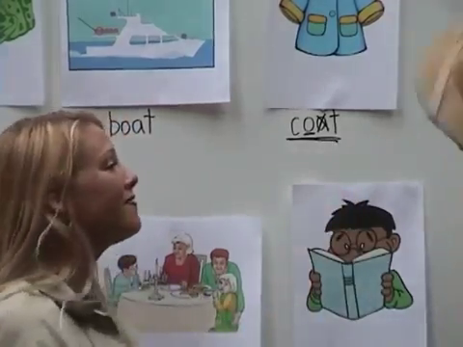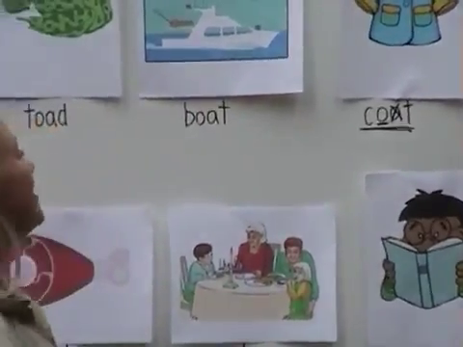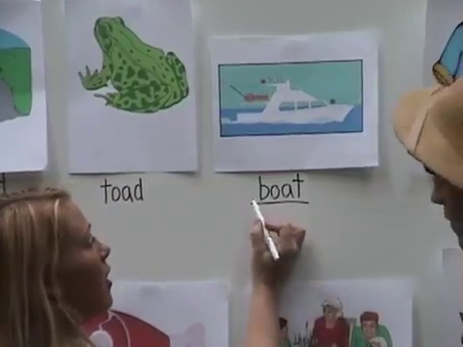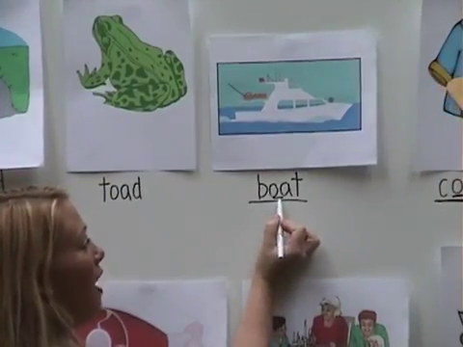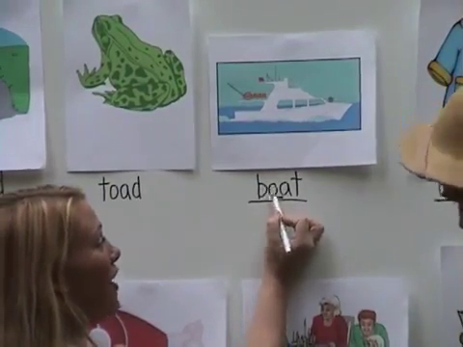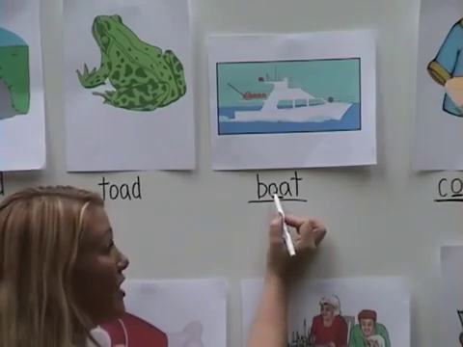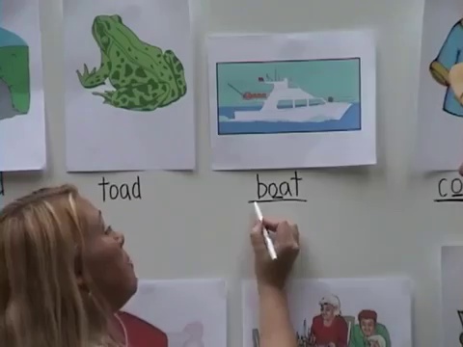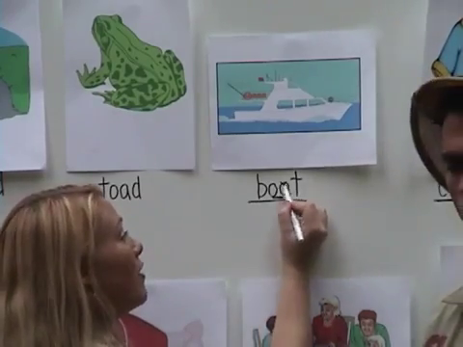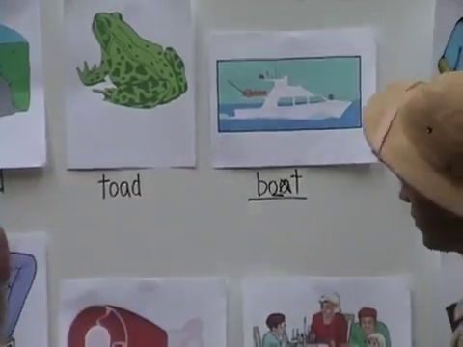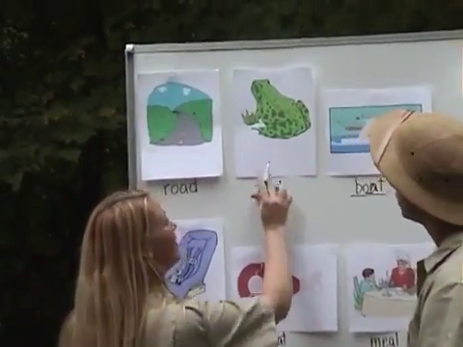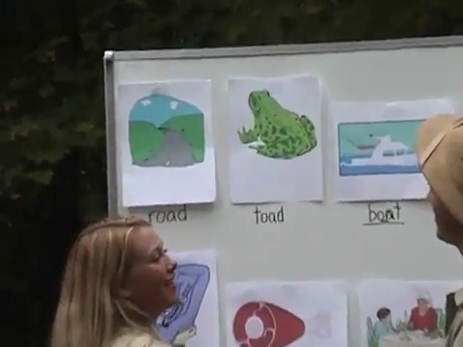Coat. Yeah. Okay. Now we have the word boat. When two vowels go walking, the first one, the O, does the talking, and it's going to be the long sound. B-oat. Oh. I see. Now we have the word toad, and look at this toad up here. Ah, he's a cute little toad.